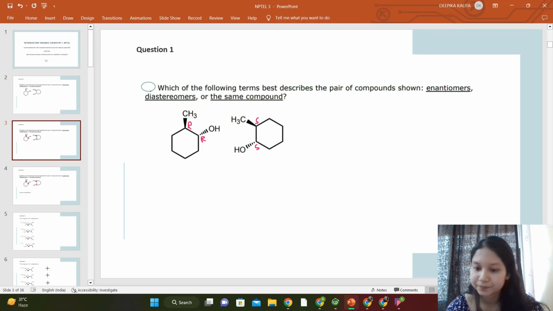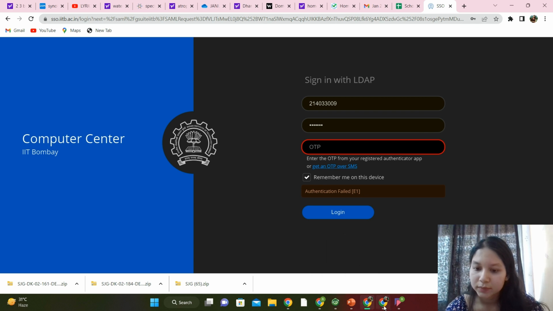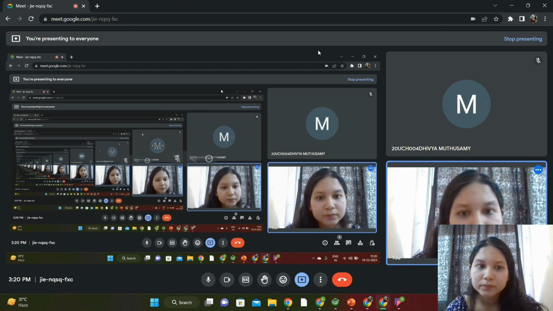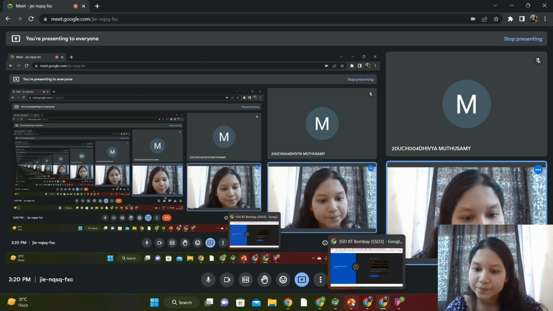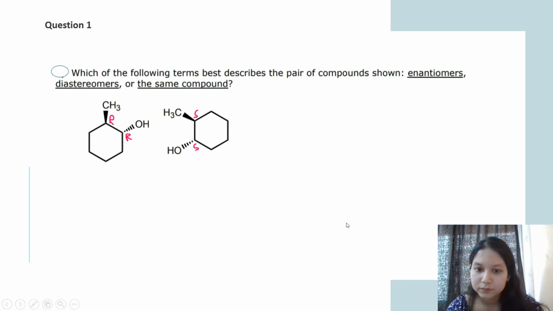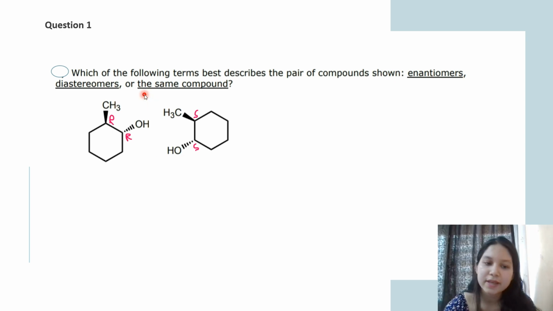Okay. So in the first molecule, we have already assigned the stereochemistry R and R. Let us do it in the same way for the second molecule.